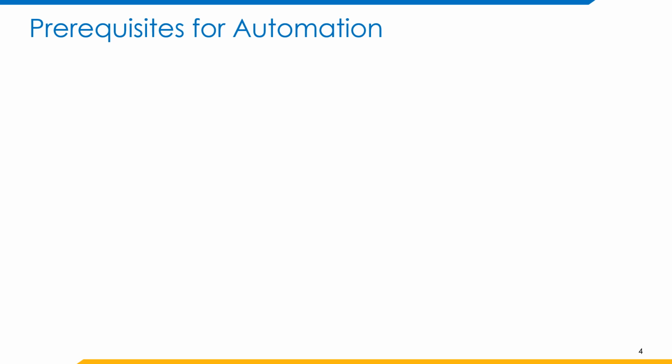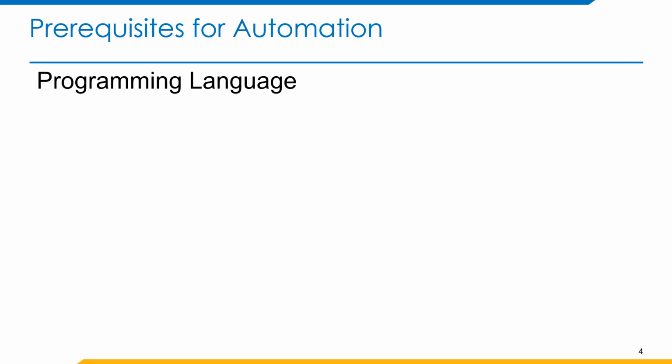To begin automation testing using Selenium, there are few prerequisites should have in place. Programming language. Choose a programming language in which you will write your test scripts. Java, Python, C#, Ruby are the common choices for Selenium automation. You should have a good grasp of the chosen language.